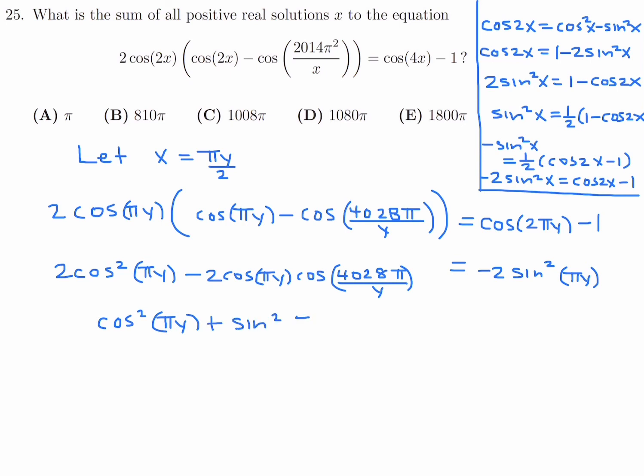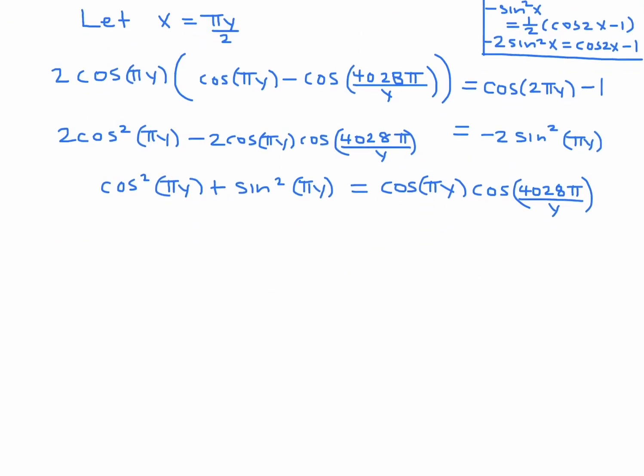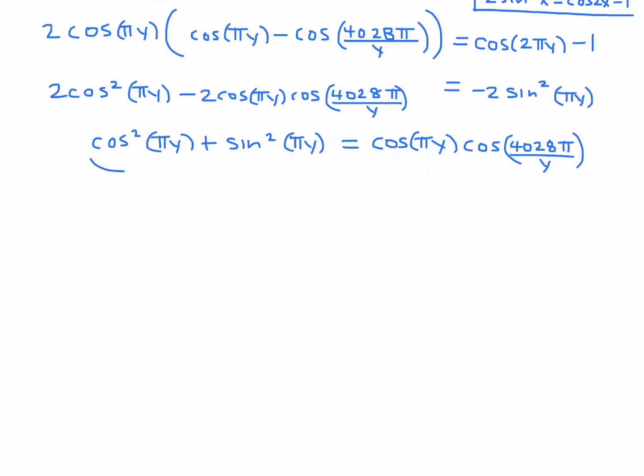So we're going to have cos squared pi y plus sine squared pi y, and then put the other guy over on this side, like this, cos pi y times cos of 4028 pi over y. Well, as I'm sure you know, this is equal to 1. So that works out very nicely.